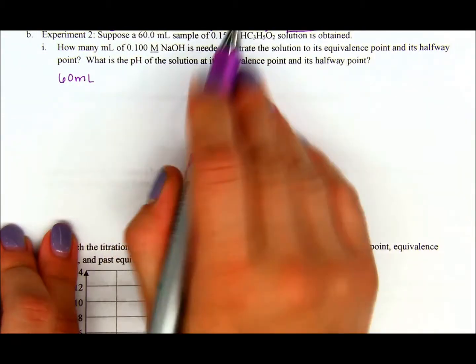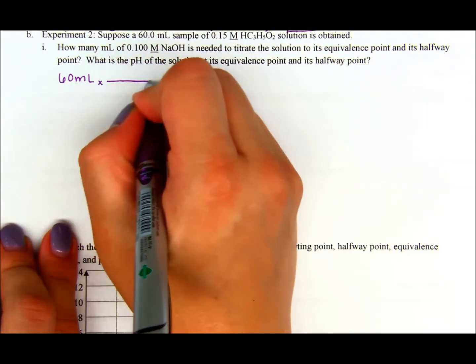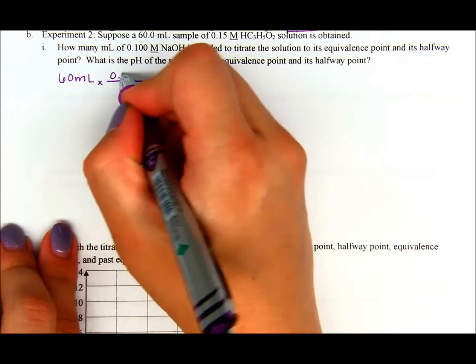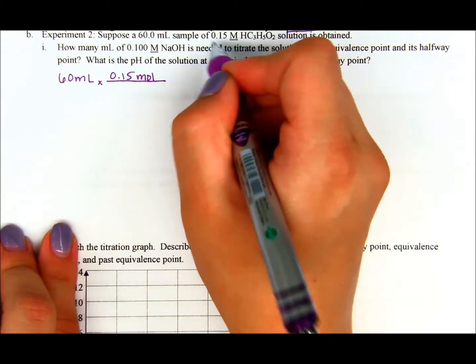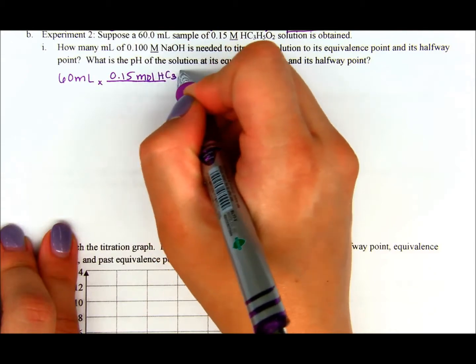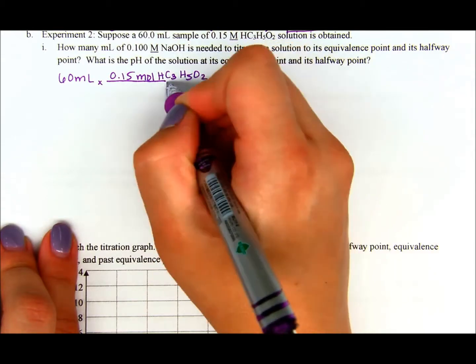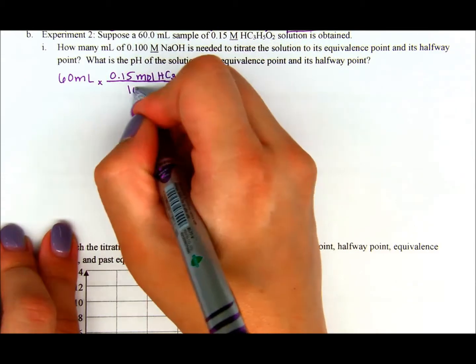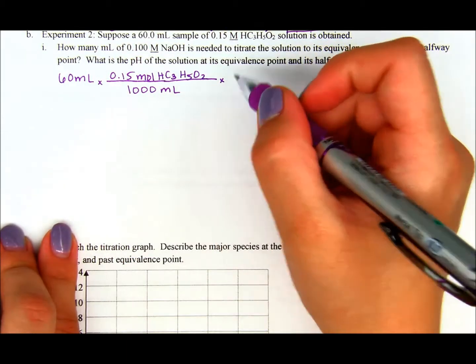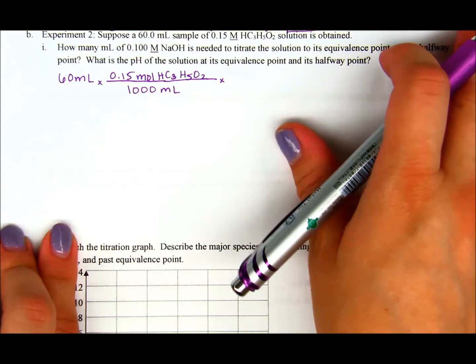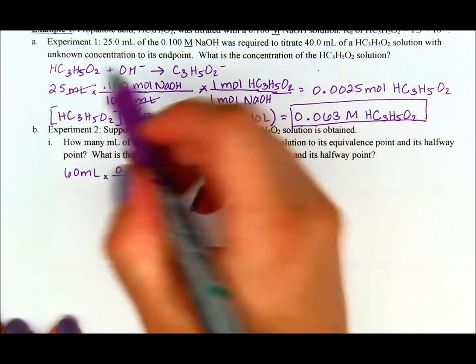So I have 60 milliliters of my propanoic acid times 0.15 moles of my propanoic acid per 1,000 milliliters. There's our concentration. I know from the reaction that I wrote just up above here that it's a 1-to-1 ratio.